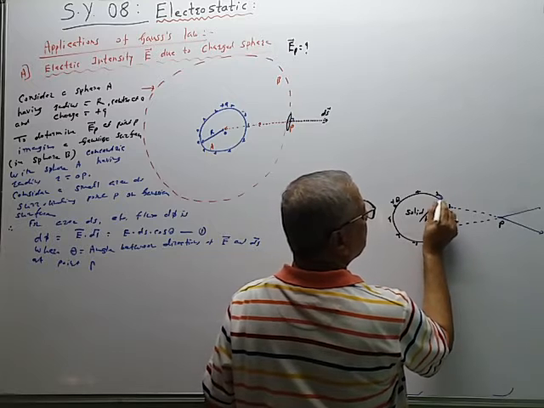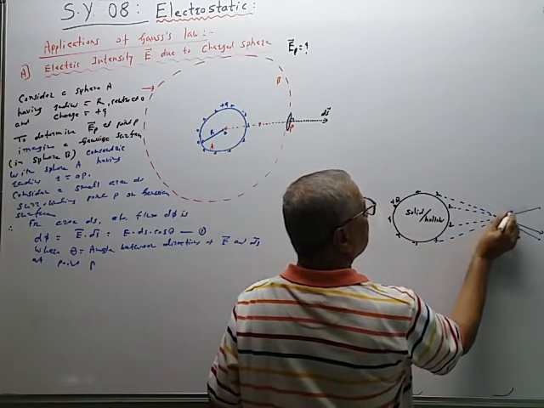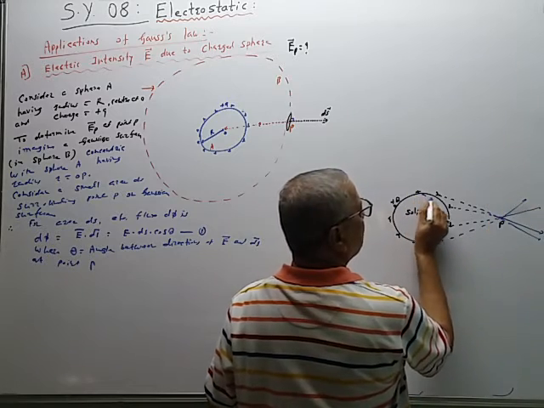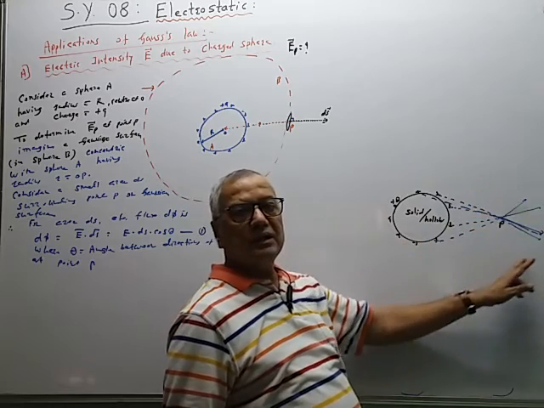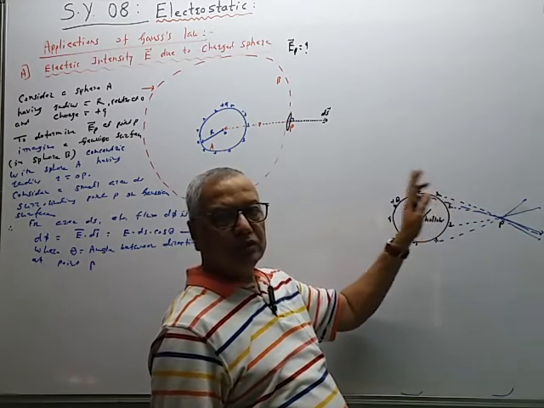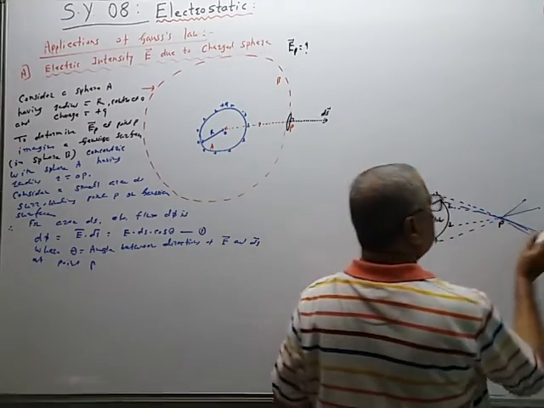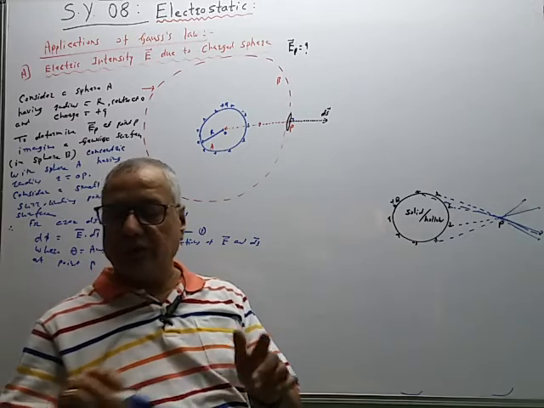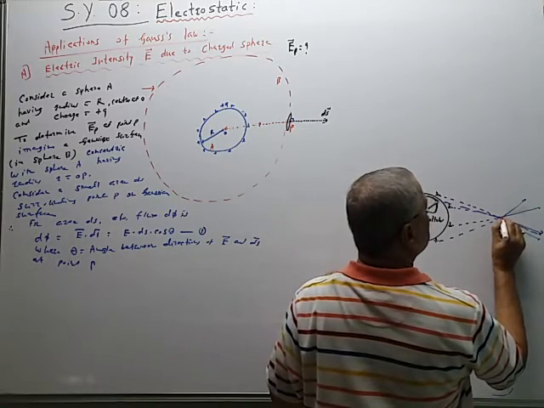There are so many electric intensity vectors due to each and every charge. Now if we use the law of parallelogram to find the resultant, it will be in this direction. So the net electric field due to all the charges Q is in this direction.